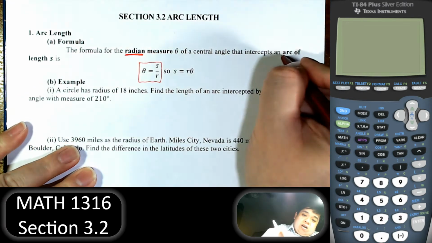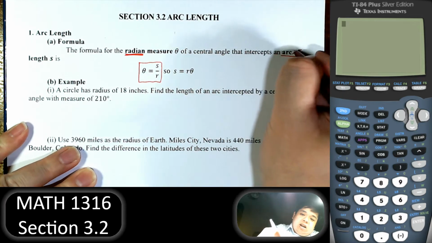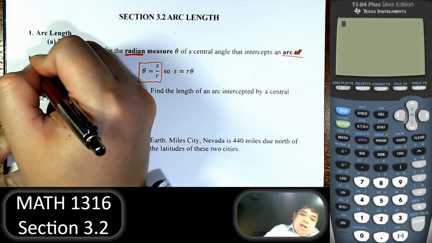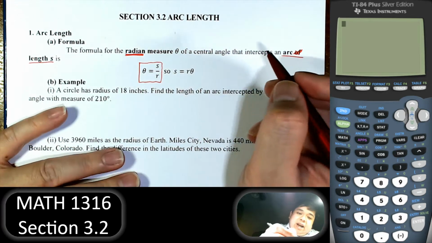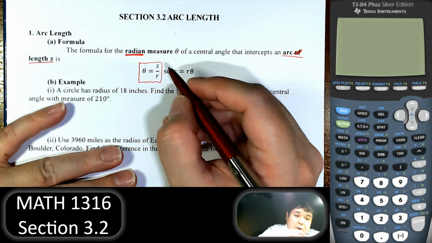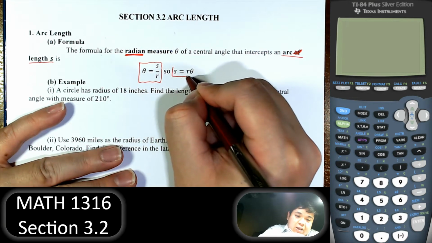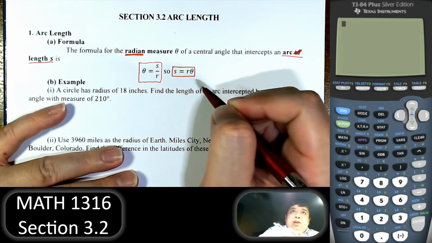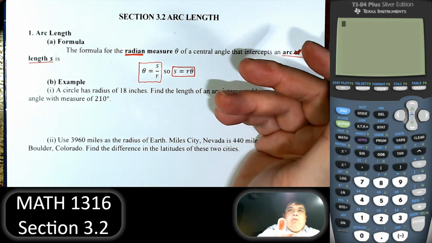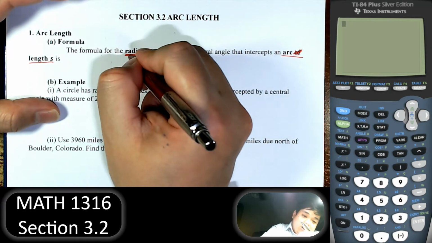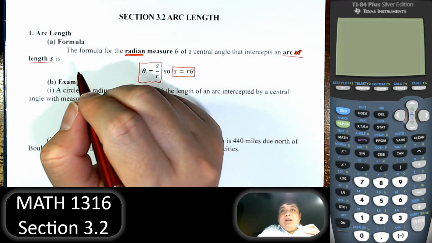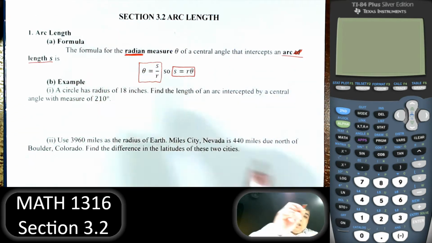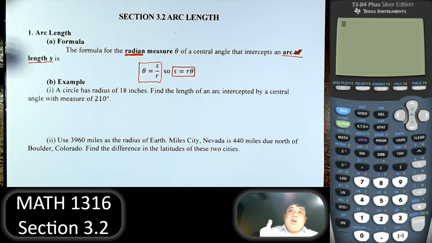So the arc length S and the radius R: S equals R times the angle. Very straightforward. The only thing we need to worry about, once again, is that the angle has to be in radian. In that case, the length equals the radius times the angle. Straightforward, right?